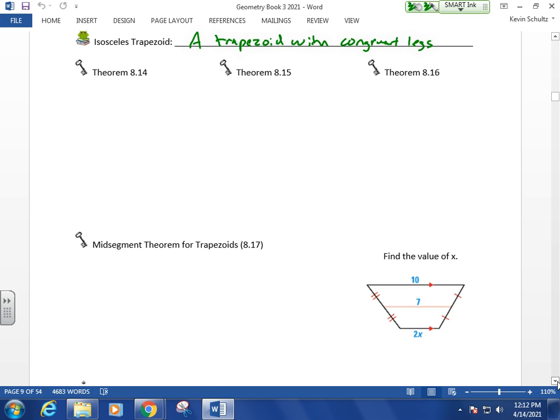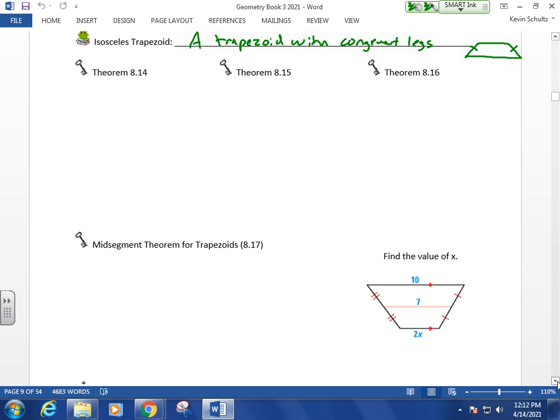Right? So an example, right? Those legs are congruent. Okay? And there are three theorems that are associated with isosceles trapezoids.